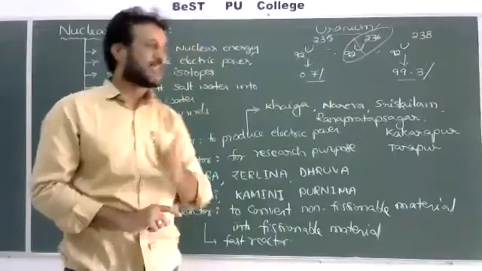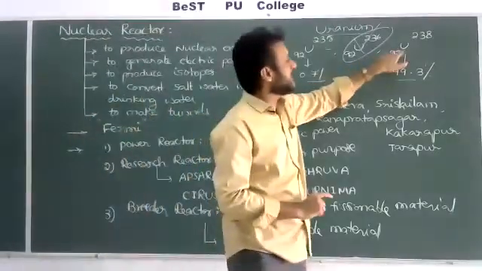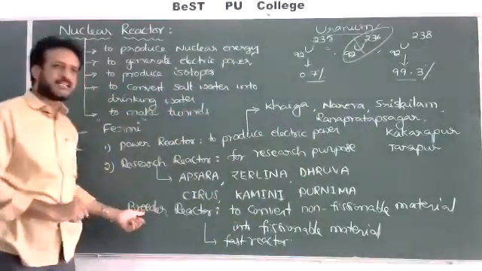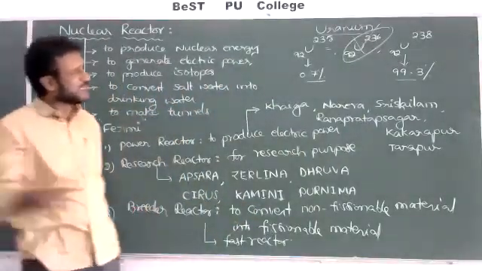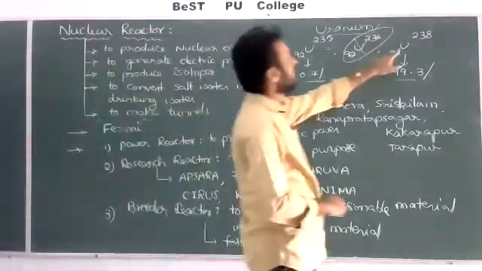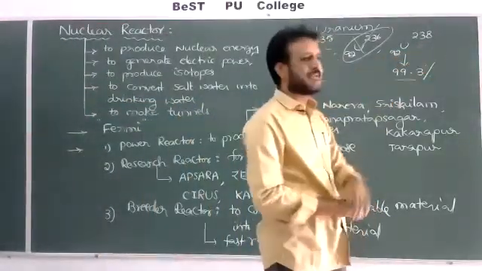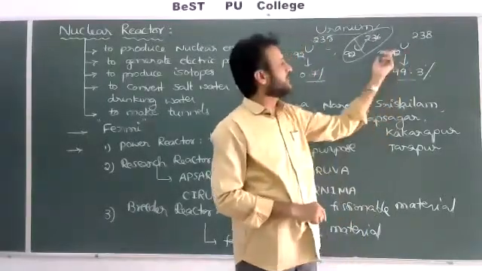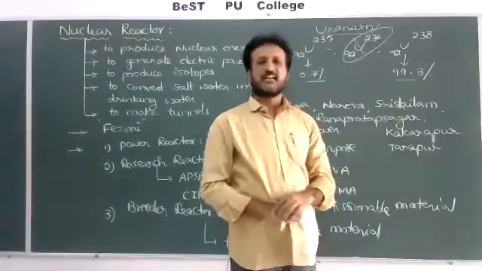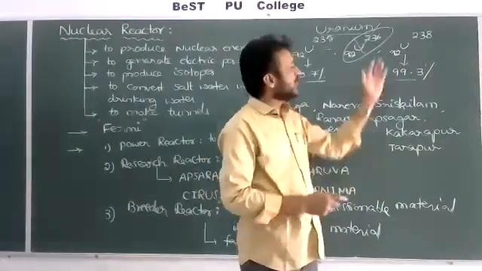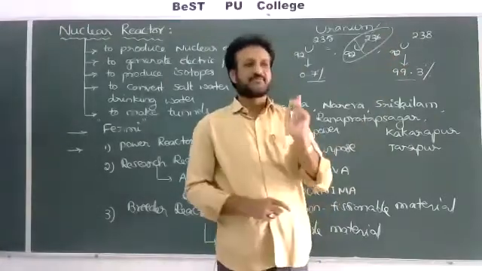That's important. Or sometimes we take uranium 92-238 in the laboratory and keep it in the breeder reactor. When we make it collide with some particles, for example bombard it with one neutron, 0n1, what will happen? It will be converted to one more element, and later it emits a beta particle, so that will be converted into plutonium also.